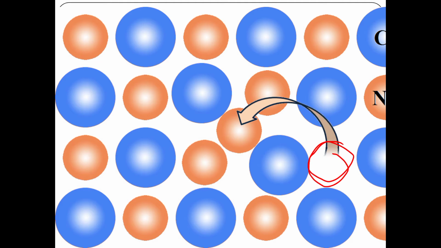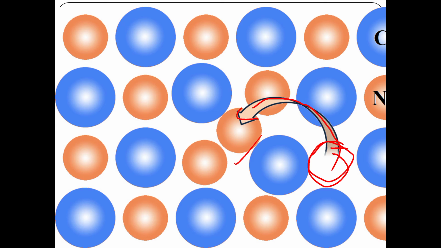The cation has a place, but it leaves that space and creates a vacancy defect, and it moves to the interstitial site. But the total number of ions is not changing, so there won't be any difference. So it is a mix of vacancy defect and interstitial defect. Such a defect is known as a Frenkel defect.